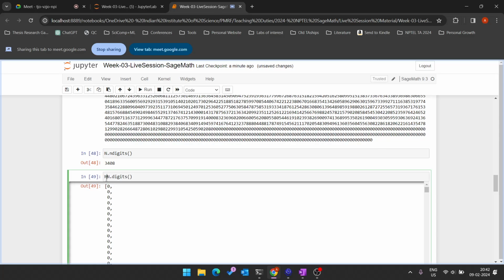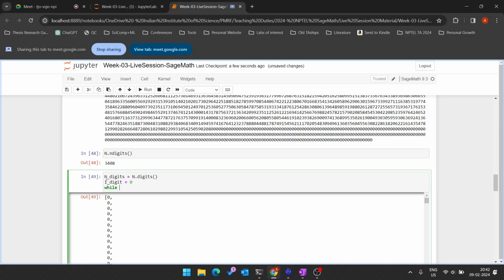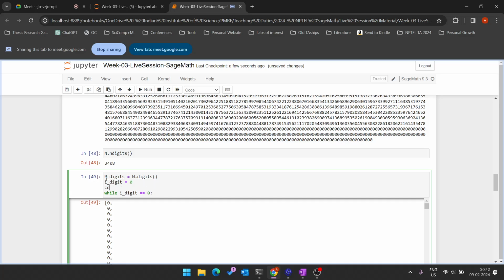So I write n digits. I could do it this way also. My I digit is 0, while I digit equals 0, and my counter is also 0.